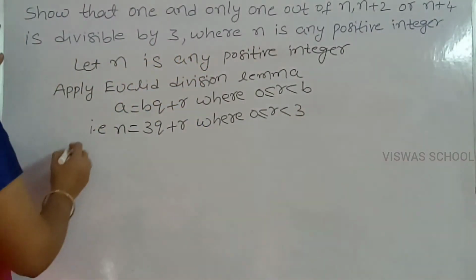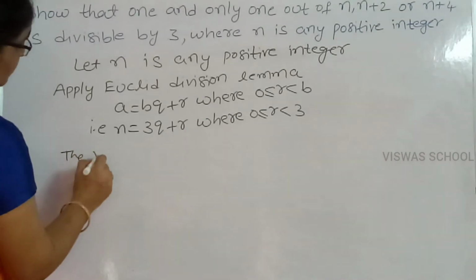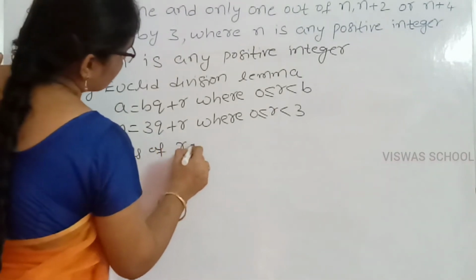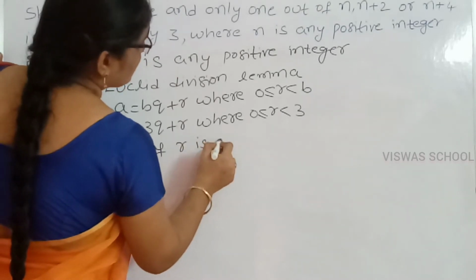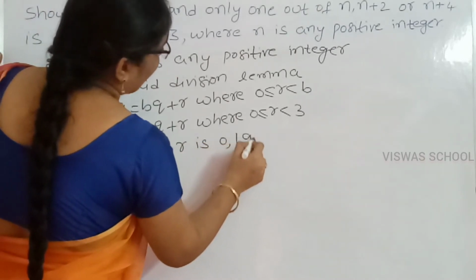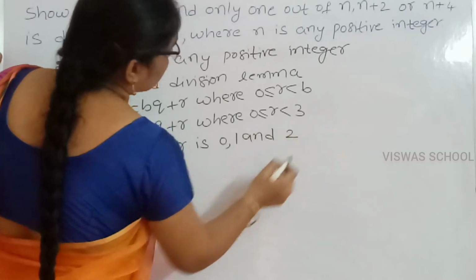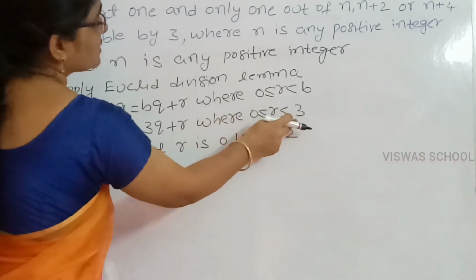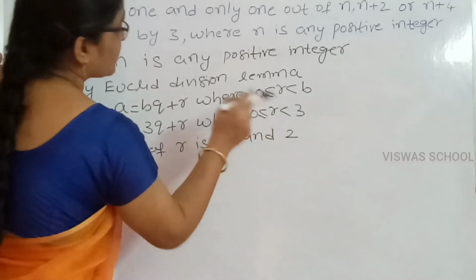That is, the values of r are 0, 1 and 2, because r is between 0, including 0, and less than 3.